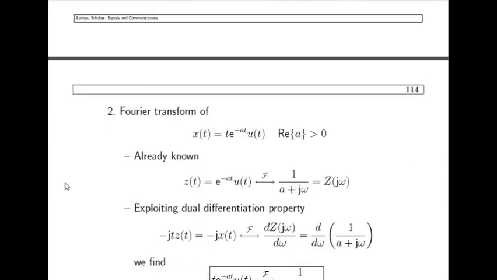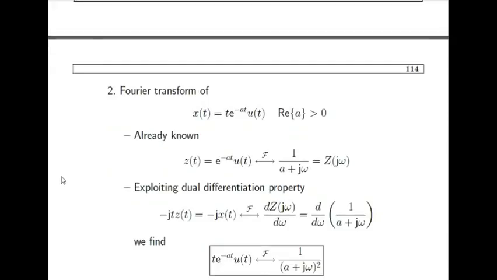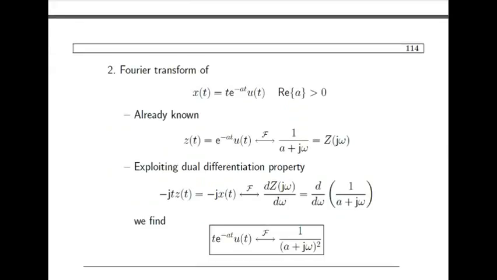The second example is x(t) = e^(−at) u(t) multiplied with t, where the real part of a is greater than 0. We already know that e^(−at) u(t) has Fourier transform 1/(a + jω), and we are considering it as Z(jω).